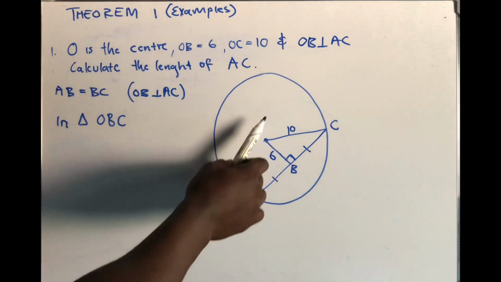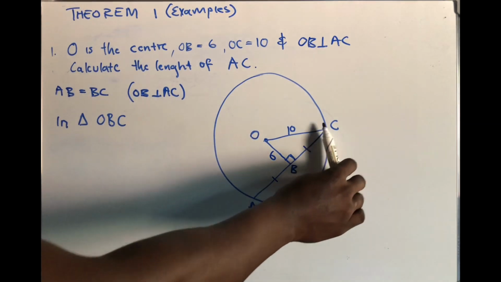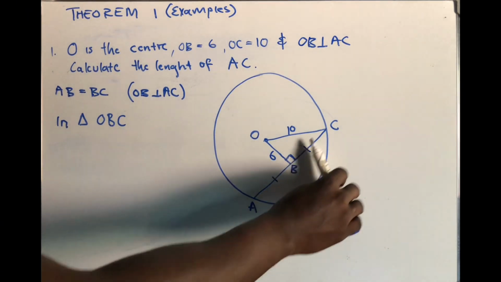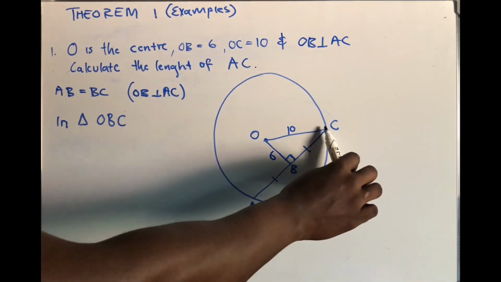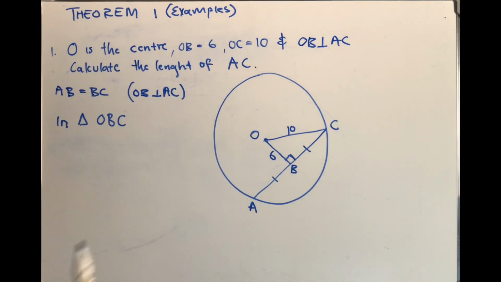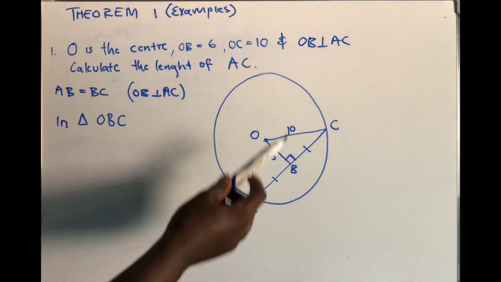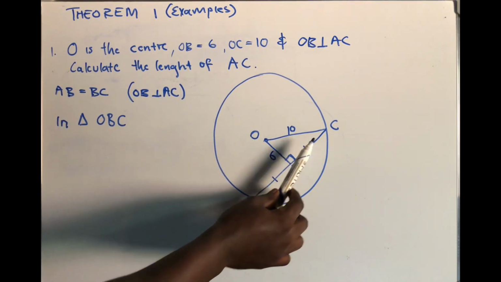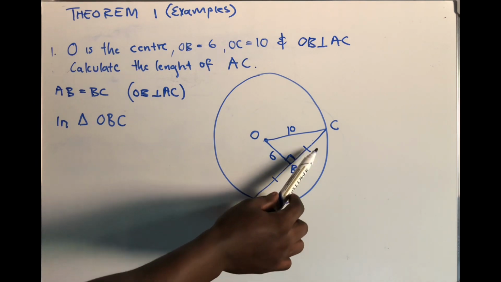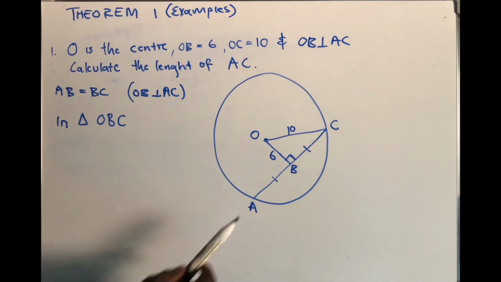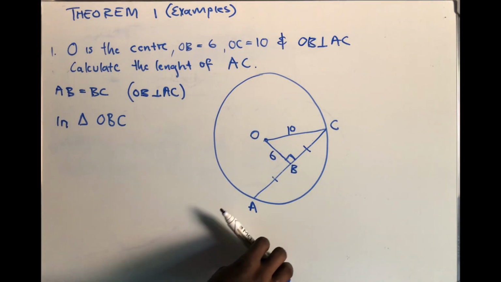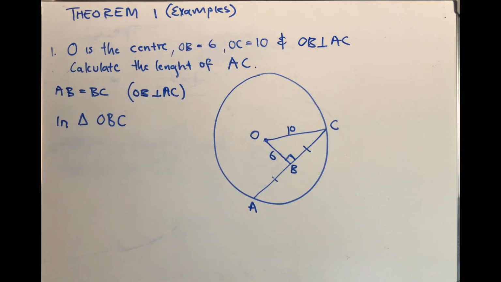But in this triangle we have what? BC. From the line we only have BC. The triangle only lies from B to C. And since we know that this line is equal to this line, if we can get the size of this line, that means we'll get the size of this one. And we add both lines and then we get the length of AC.